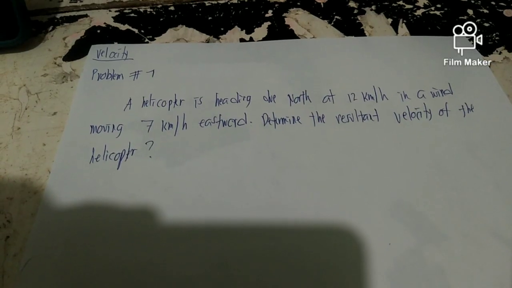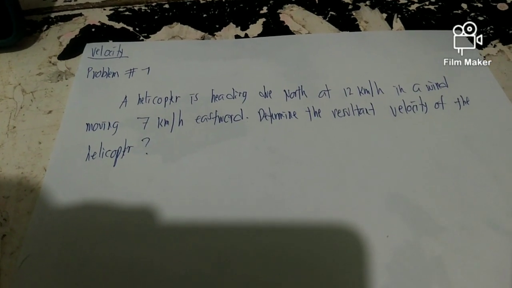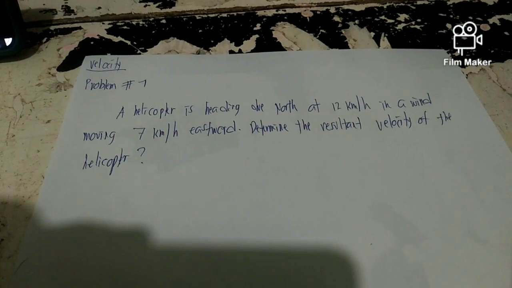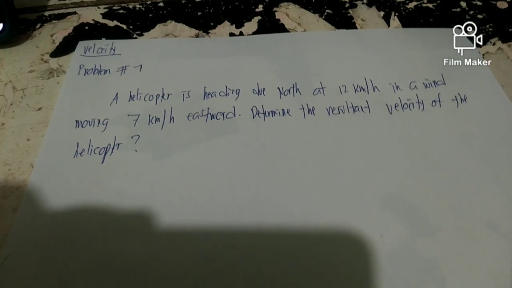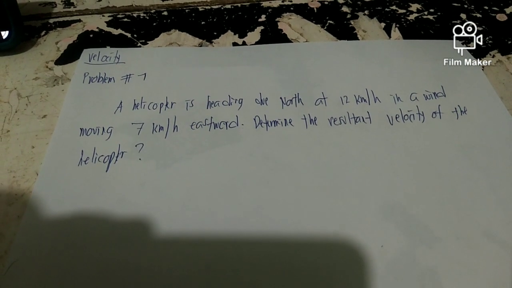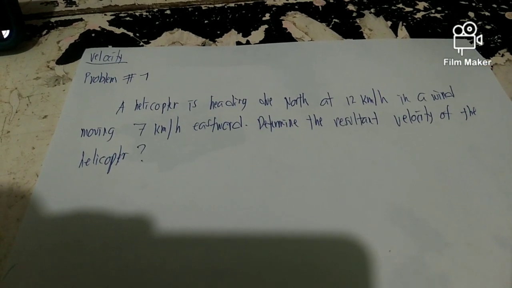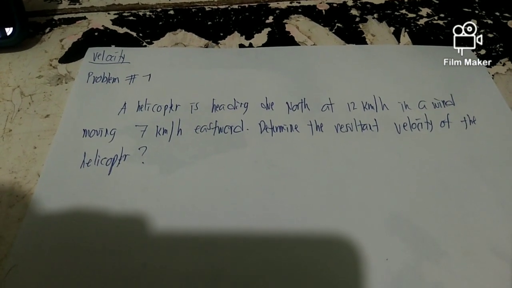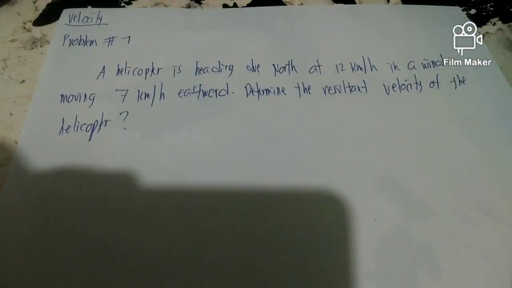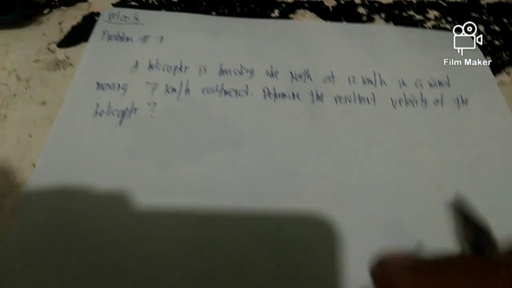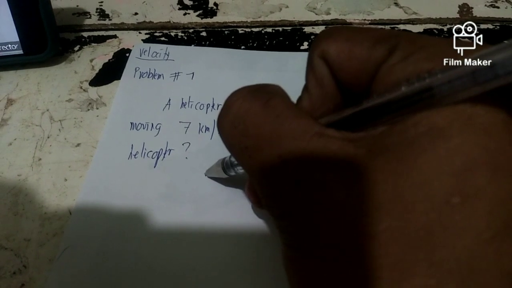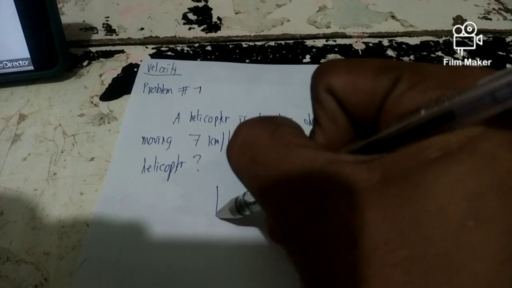Move to velocity. Problem number 1. A helicopter is heading due north at 12 km per hour in a wind moving 7 km per hour eastward. Determine the resultant velocity of the helicopter. So we use the Pythagorean theorem.